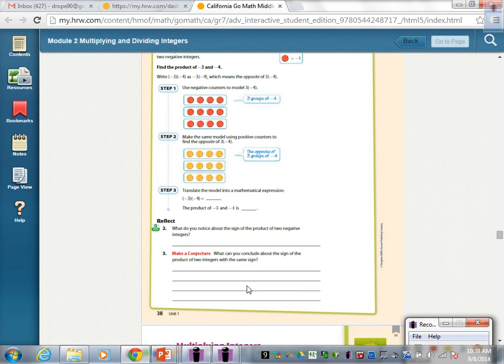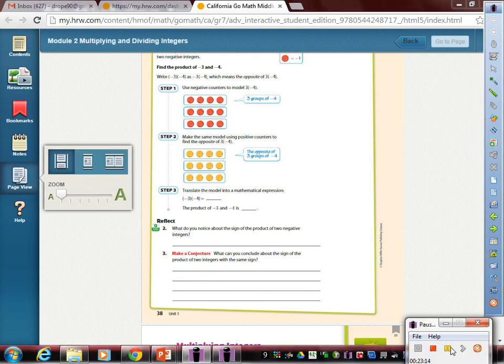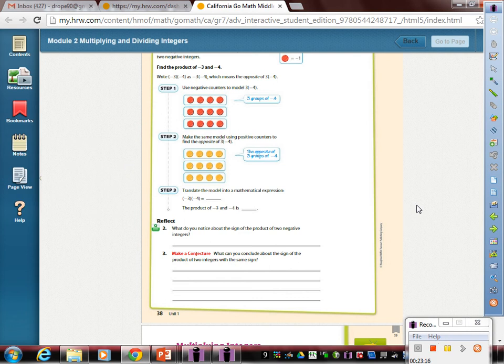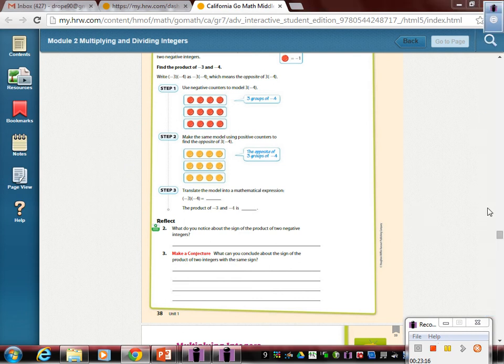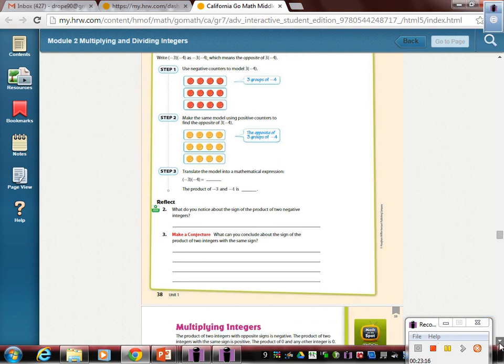I want you to turn to page 38. Follow these examples that they give you. I already did the explore activity with you. See if you can fill in the blanks, please. Follow the way 1 through 3, please. Okay, so we're finished with that page. Let's keep going.